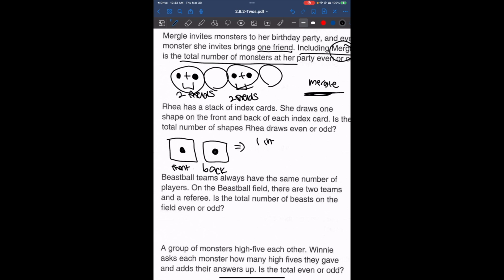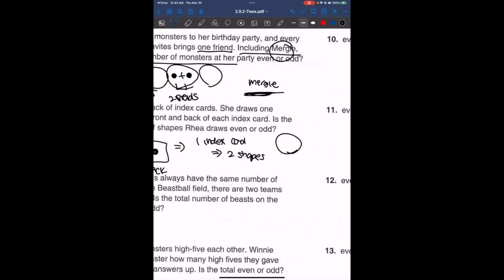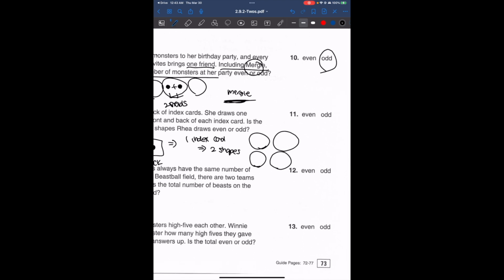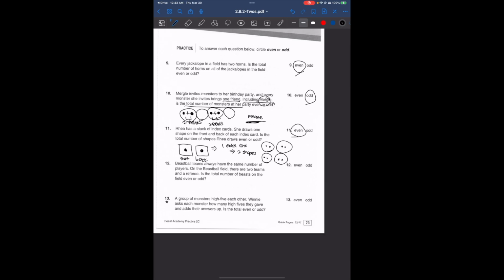So in one index card, there's always going to be 2 shapes. So the number of index cards is the number of groups, and there's always going to be 2 shapes in each group without any remainder, so it's going to be even.